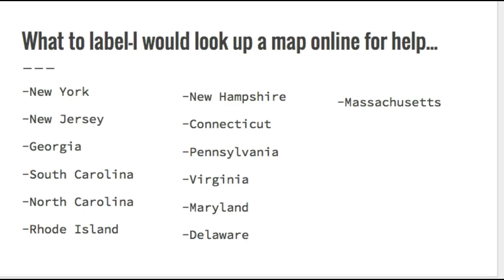Here are the colonies you have to label. I would just search a map online, type in 13 original colonies map or 13 colonies map, and use that to help you. Okay, but these are the 13 places you need to label. Your map may have less or more, so make sure you look at this list when you're doing that.